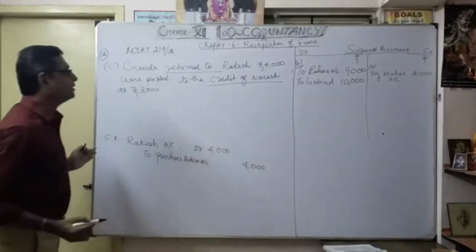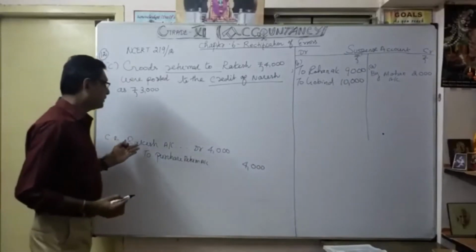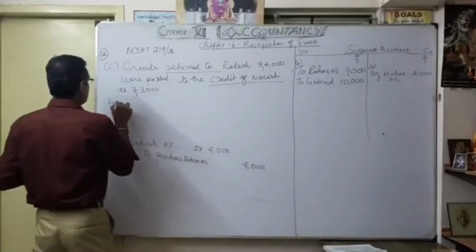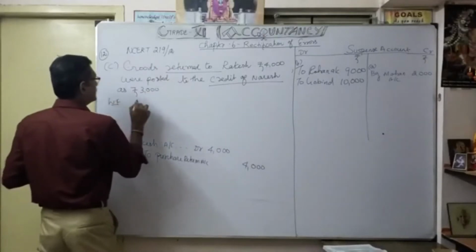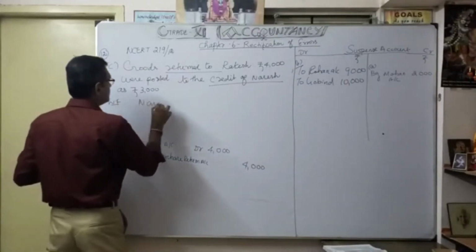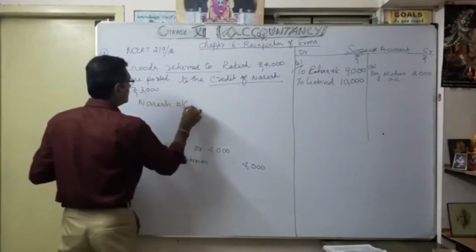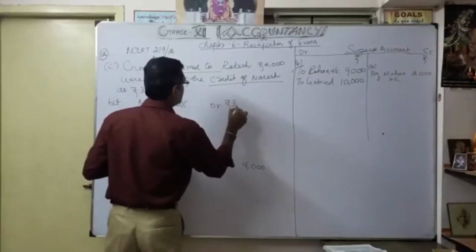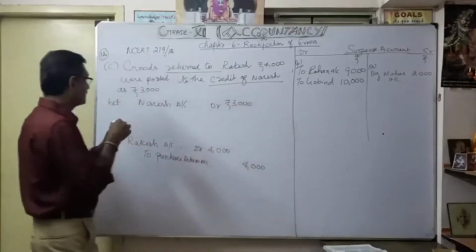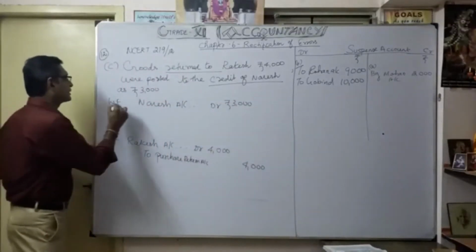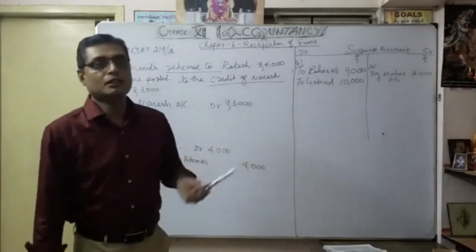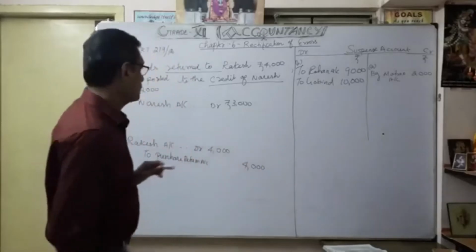But what happened? Instead of debit, they gave credit of whom? Naresh. That's the wrong entry. They gave Naresh account credit, and the amount they wrongly gave 3,000. That's all the mistake you did. So the wrong entry: Naresh account credit, to 3,000 they entered. So how to rectify now?